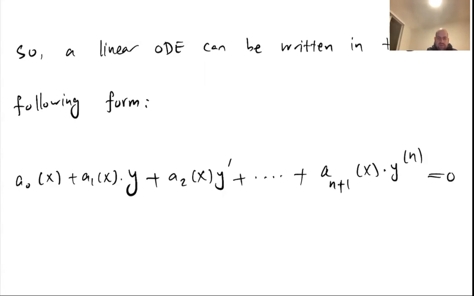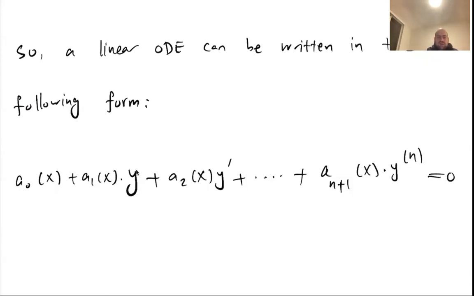If you compare the indices, this one, for example, is the first derivative, but the index is 2. This one is the 0th derivative, index is 1. So the index is always one higher than the order of the derivative. If the last term is the nth derivative, the index will be n plus one.